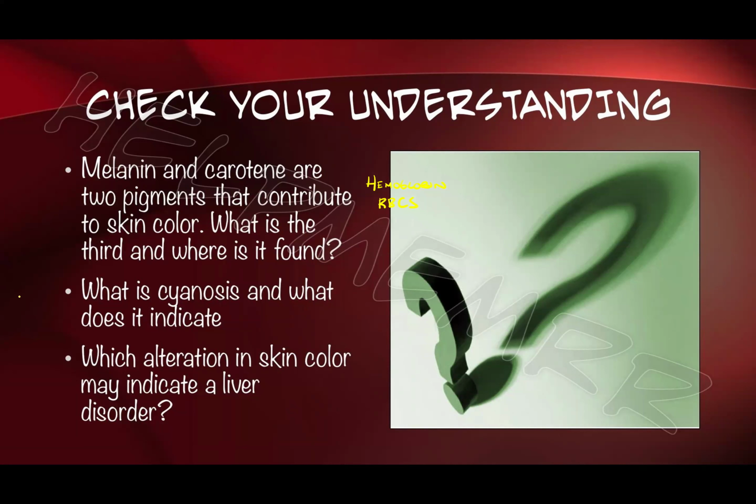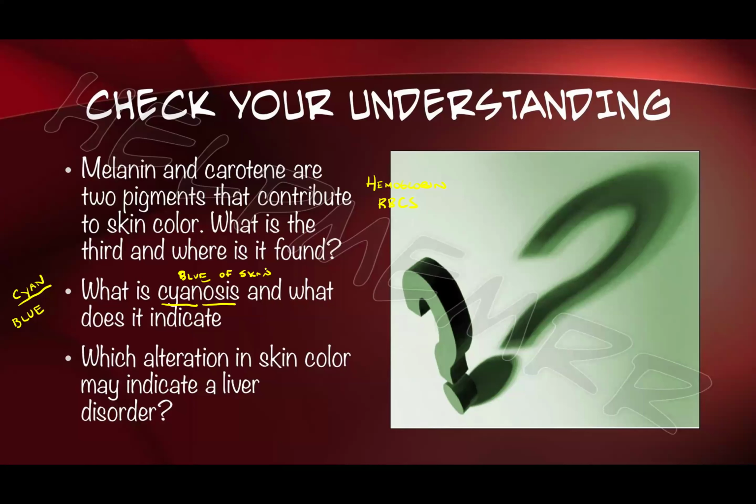Now, to answer this question, you might remember or might have heard of the term cyan. Cyan is actually going to be blue. So cyanosis is the bluing of the skin.